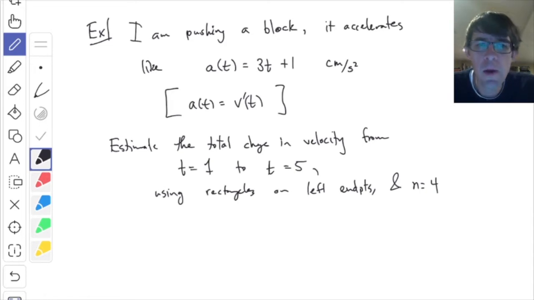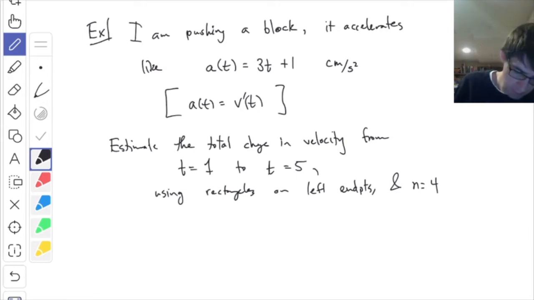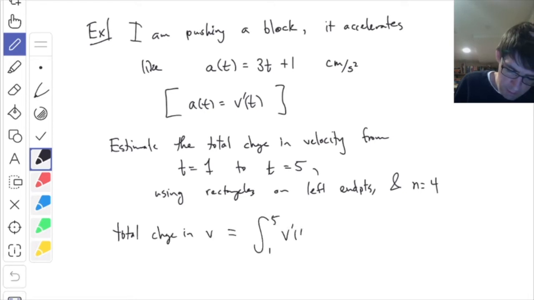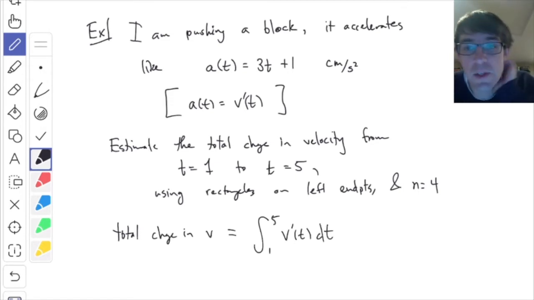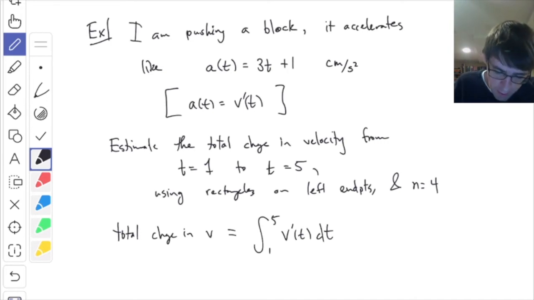All right. Since the acceleration is the derivative of the velocity, we can find this total change by doing the integral of the derivative. So the total change in v will equal the integral from 1 to 5 of v prime, right? This is what the total change theorem says. The integral of the derivative is equal to the total change of the original function. But this v prime, of course, is the acceleration, which is this function, 3t plus 1 dt.